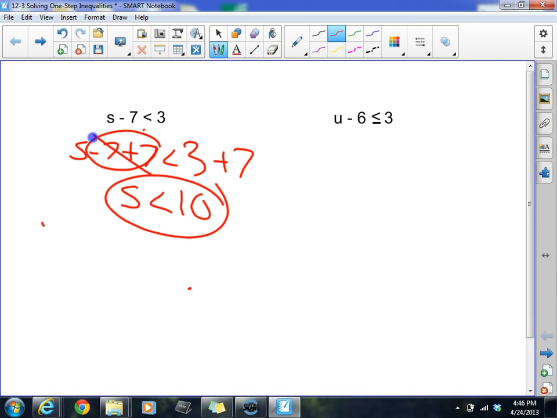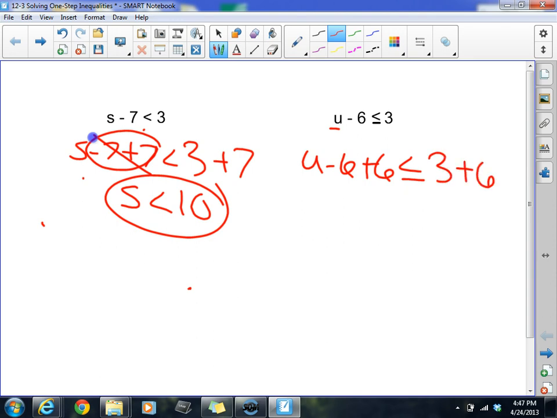Let's do one more. u minus 6 is less than or equal to 3. So I'm going to do the exact same thing here. I'm going to work to get u by itself. I work to get u by itself by doing the opposite of what's already there. So I have minus 6, so I'm going to add 6. So u minus 6 plus 6 is less than or equal to 3 plus 6.